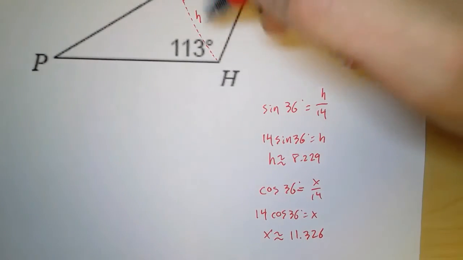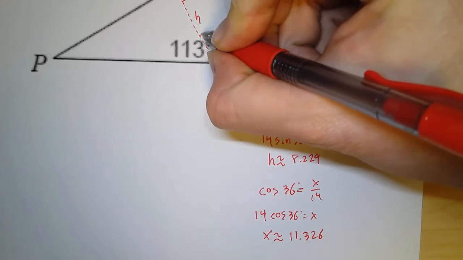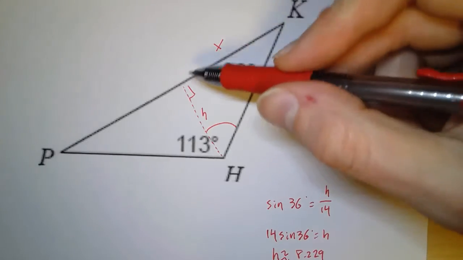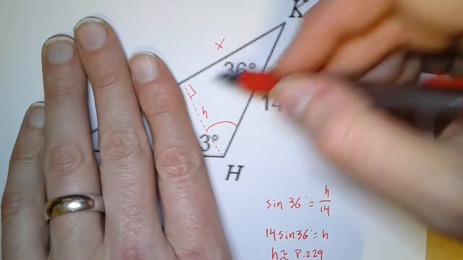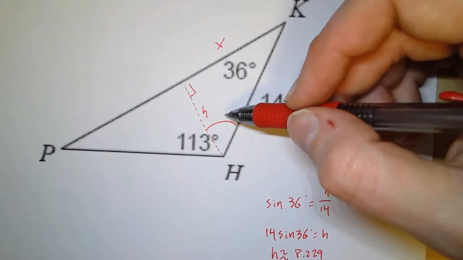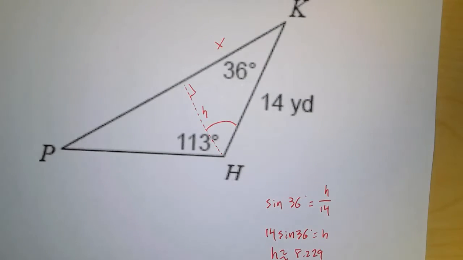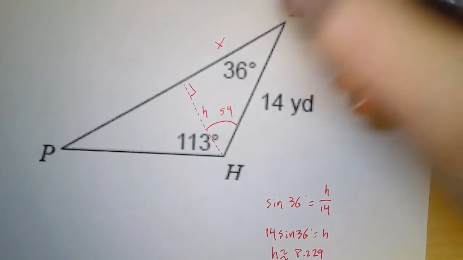Now, we know that this entire angle is 113, but we need to ask, how does it break down? What is this angle up here? Well, if I just cover this up, these three have to add up to 180. So if I subtract 90 and 36, that'll give me this portion of the angle. So 180 minus 90 minus 36 gives me 54 degrees.